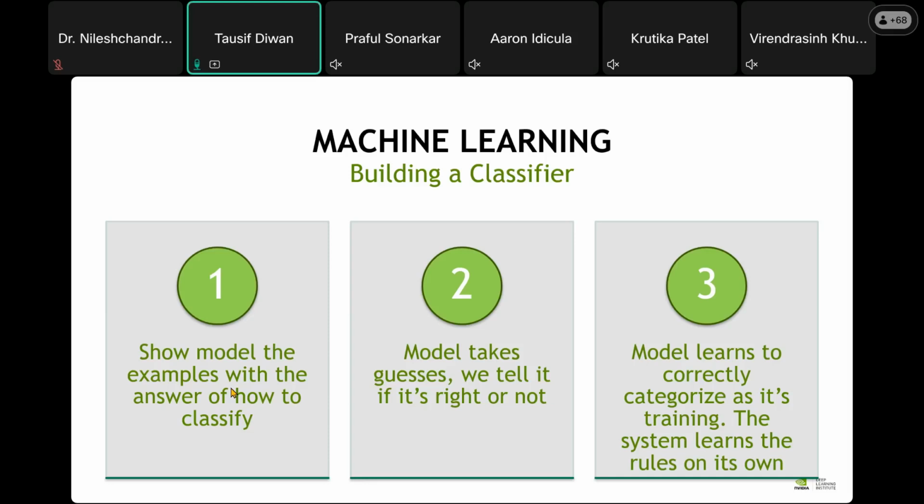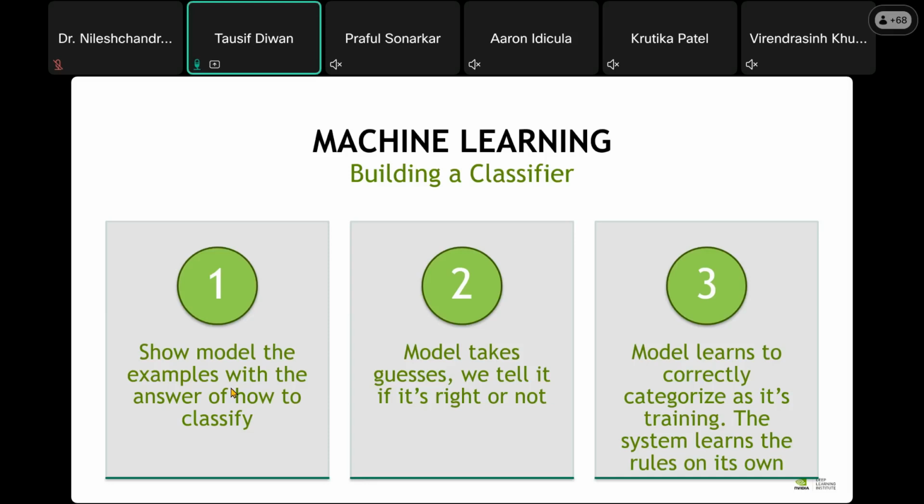Every model is associated with some parameters, so the model is initialized with some random parameters. Then we show the model our sample data: this is the image and this is the label.